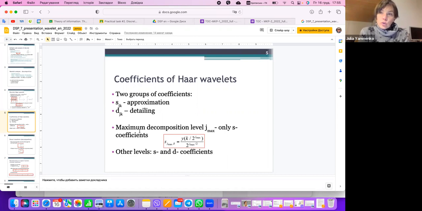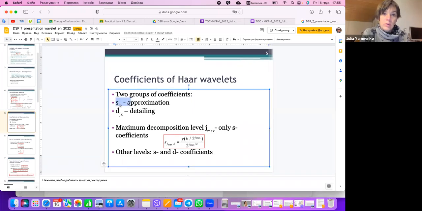In order to describe these two components in a mathematical way, we will use a notation for two groups of coefficients. They are called wavelet coefficients.